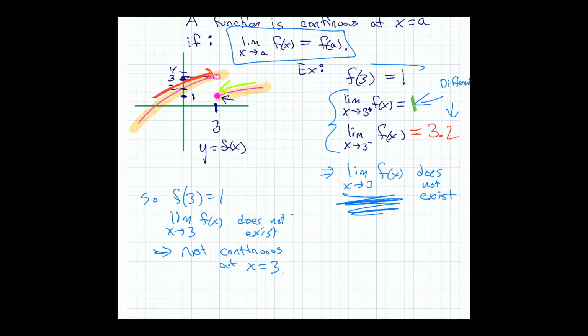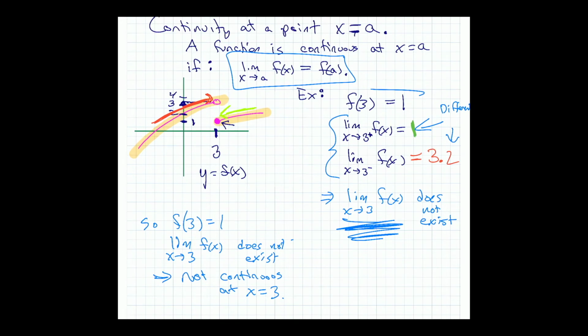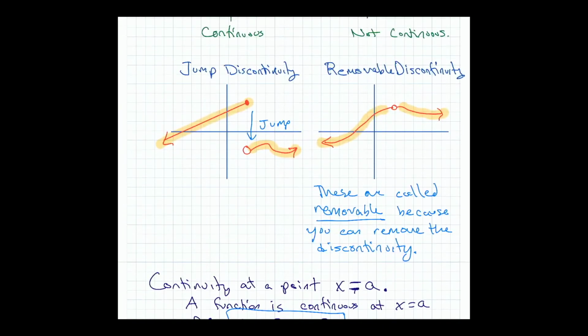Right? And so that's the idea. So that's why it's not continuous at a jump, because the left and the right-hand limits don't agree, which means the two-sided limit doesn't exist, which means the function value can't equal the two-sided limit because the two-sided limit doesn't exist. The other type that we had here was a removable discontinuity.